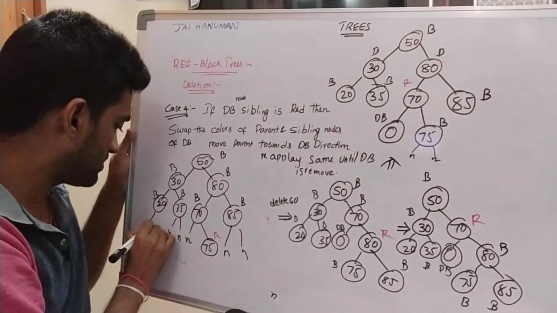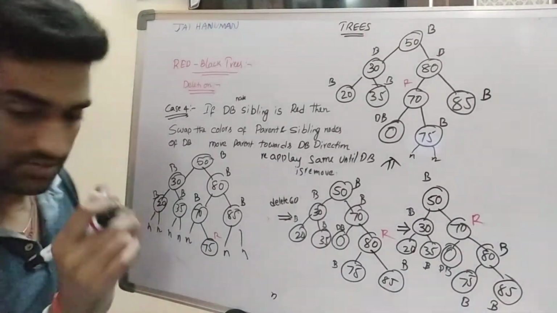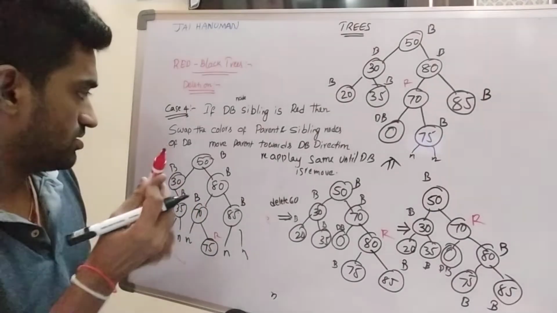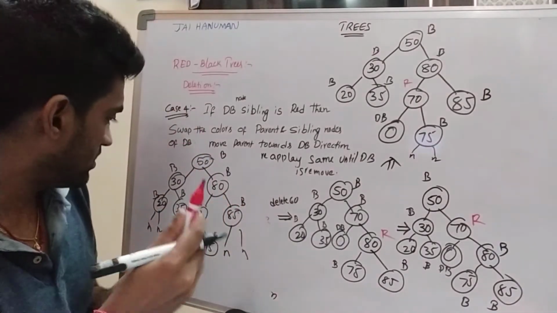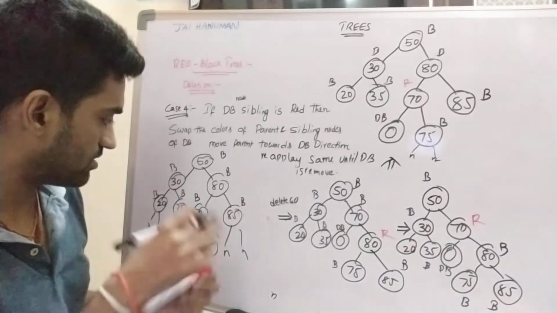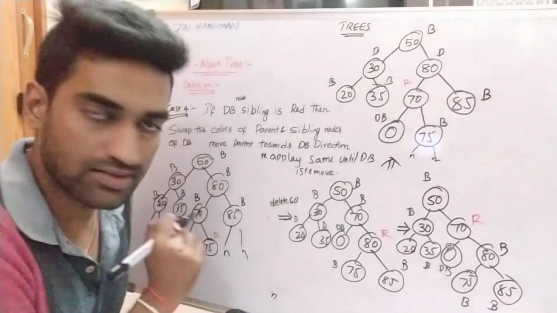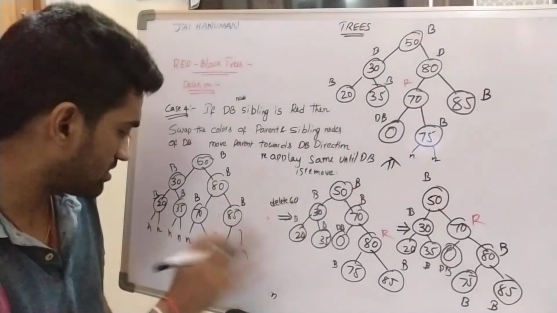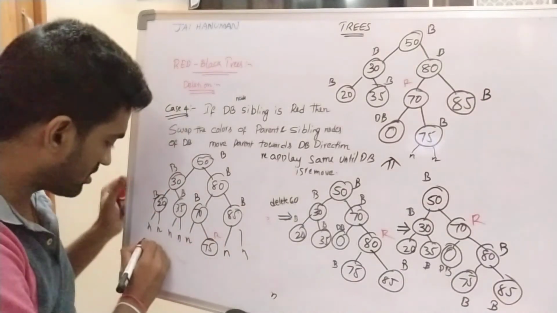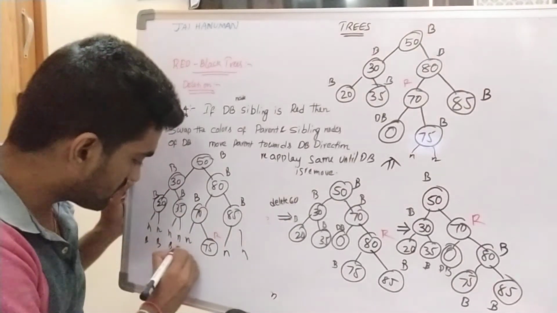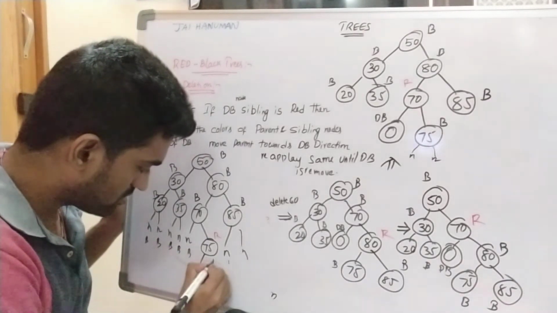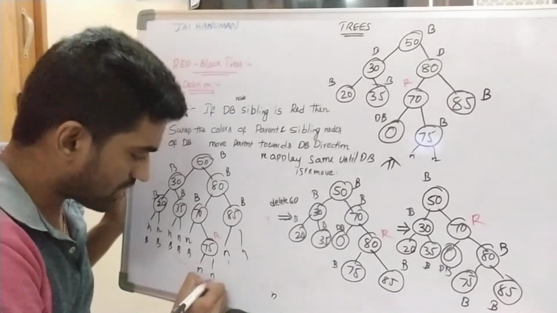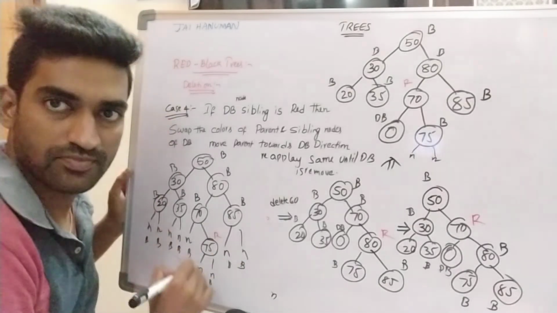Now we check whether the newly generated tree is a red black tree or not, right? Here the root node is black, so that property is satisfied. There are no two adjacent red nodes, so that property is also satisfied. Nil nodes are labeled as black, so that property is also satisfied. Every path from root node to nil node contains the same number of black nodes, right?